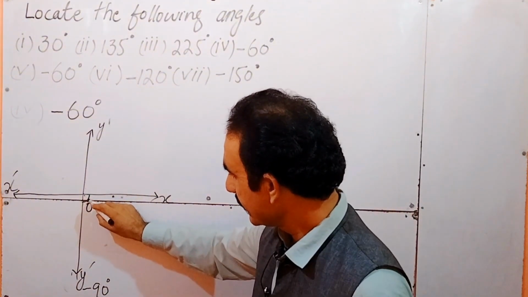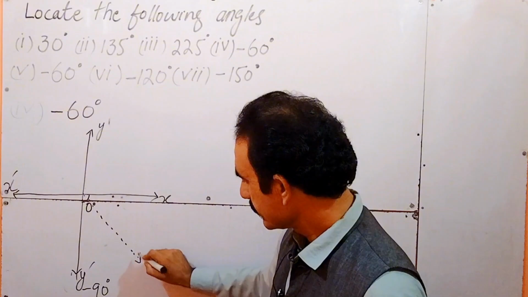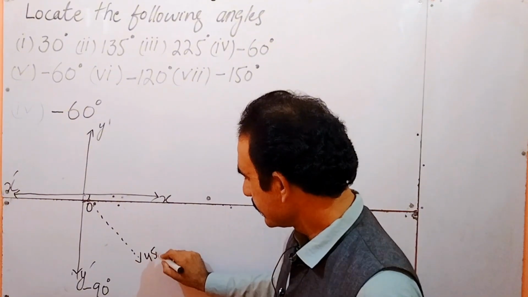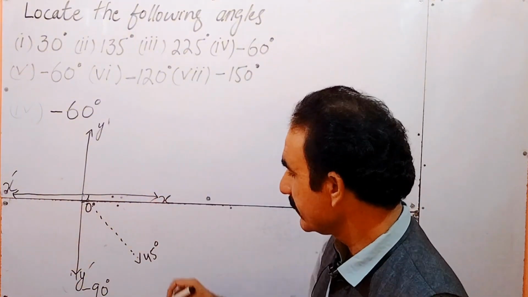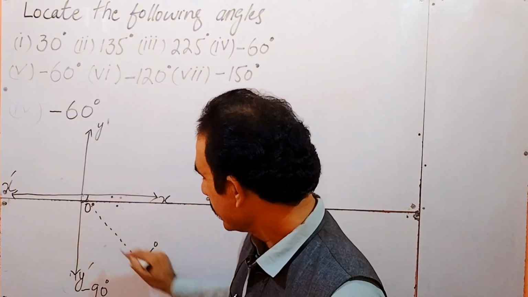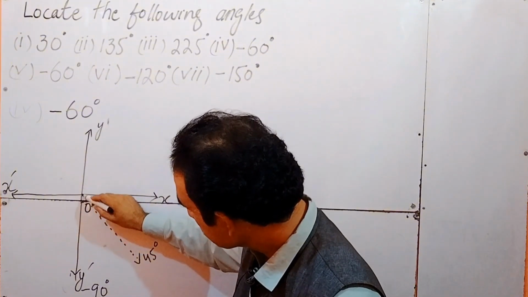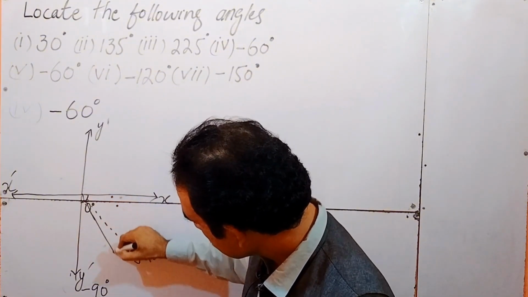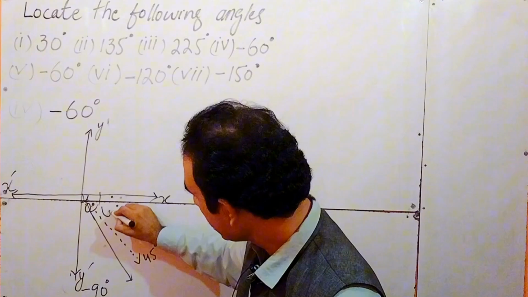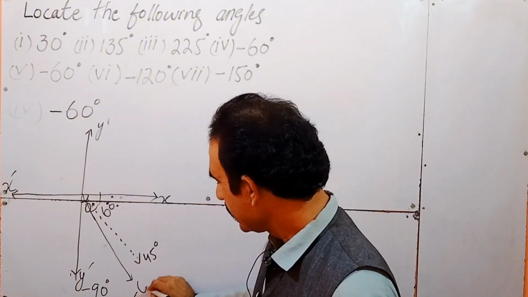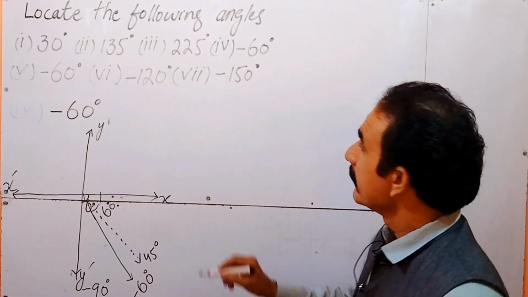For example, that is our angle of 45, and we need here minus 60. 45 plus 15, 60. Here we draw angle of 60. Here is the angle of minus 60.